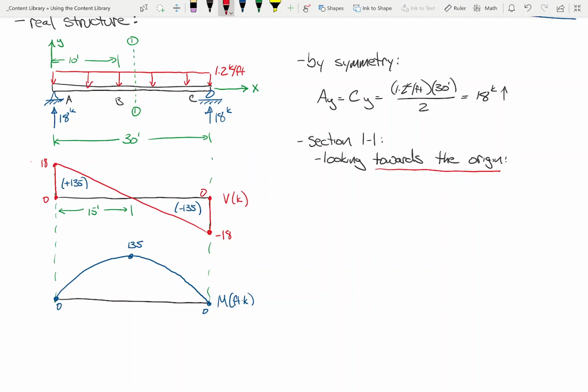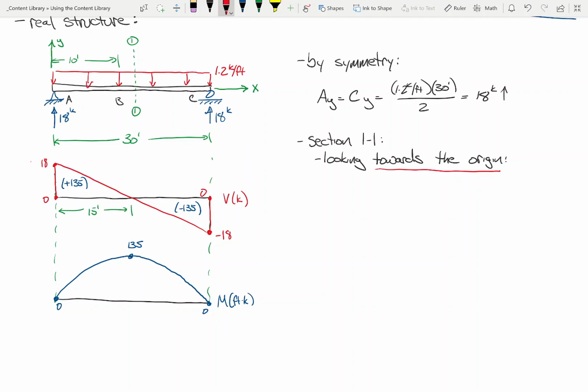And I'm going to give you a piece of advice on your homework. Always look towards the origin. I didn't say always look left or always look right. That's not what I said. I said always look towards the origin. Okay? Trust me. And we will discuss this on Monday, but trust me, the algebra is a lot easier when you look towards the origin. A lot easier. Okay? And you'll see why.